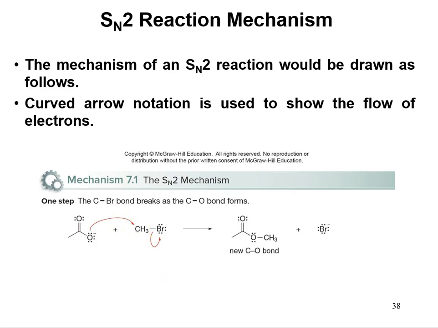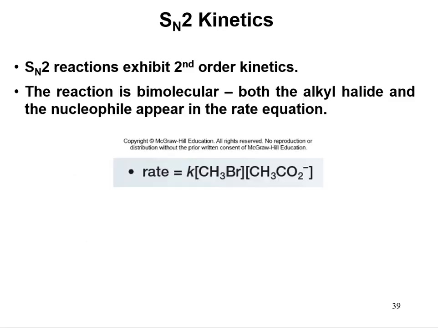The S stands for substitution, the N is nucleophilic, and the 2 is for second order. SN2 reactions have second order kinetics. This means that the reaction is bimolecular, in that both the alkyl halide and the nucleophile affect the rate.